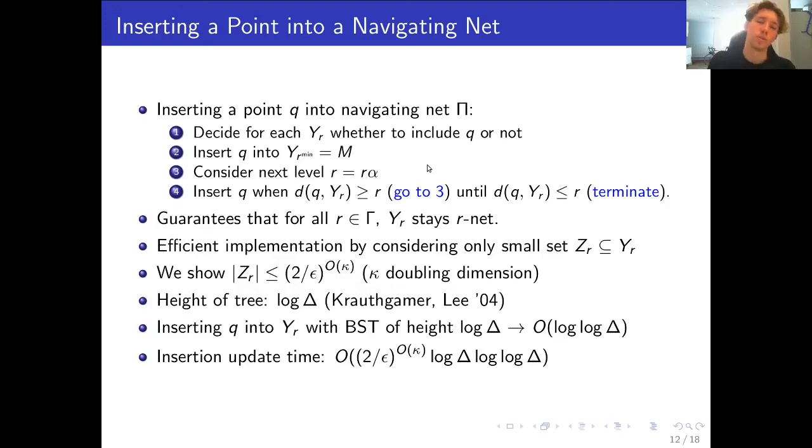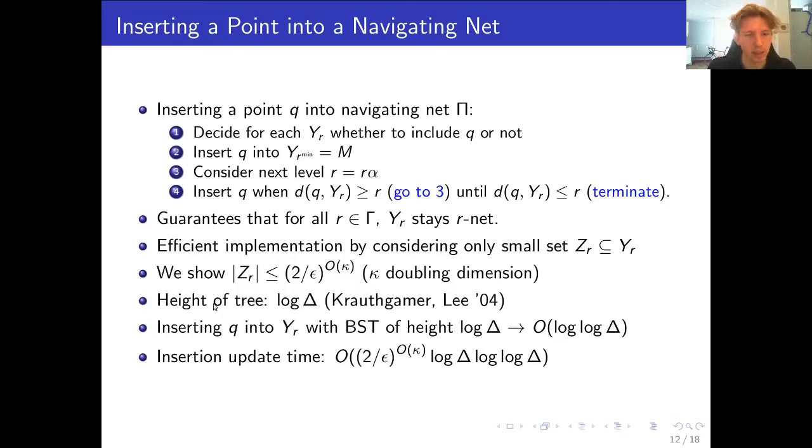And this is also where the doubling dimension plays its part. So it's not in the approximation factor. The approximation factor always holds for all metric spaces, but the running time guarantee is only for metric spaces with bounded doubling dimension.